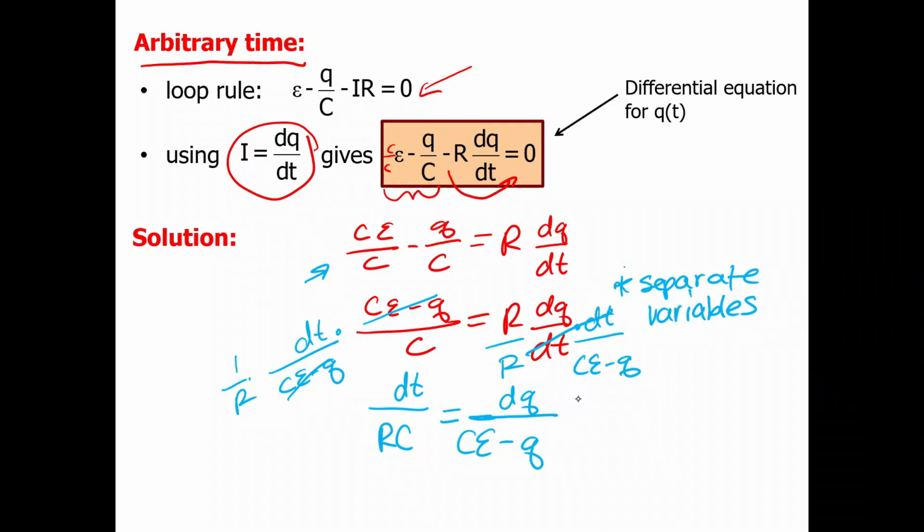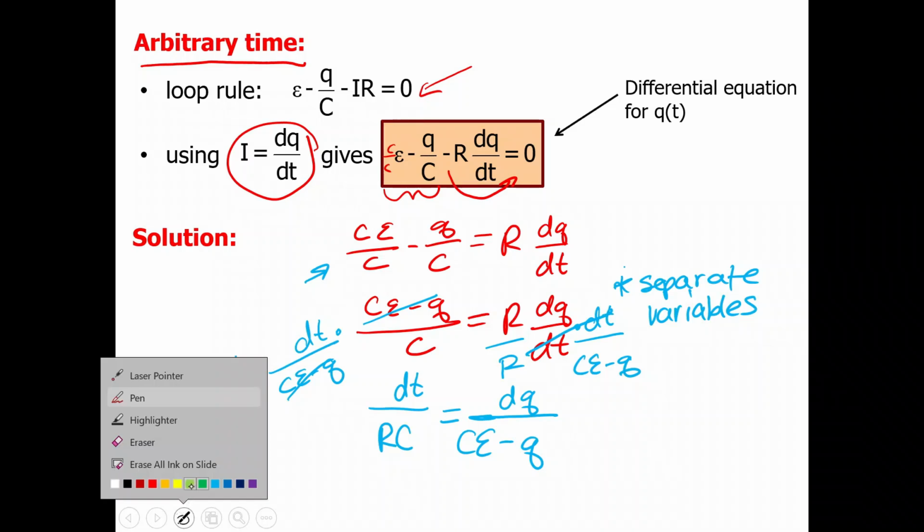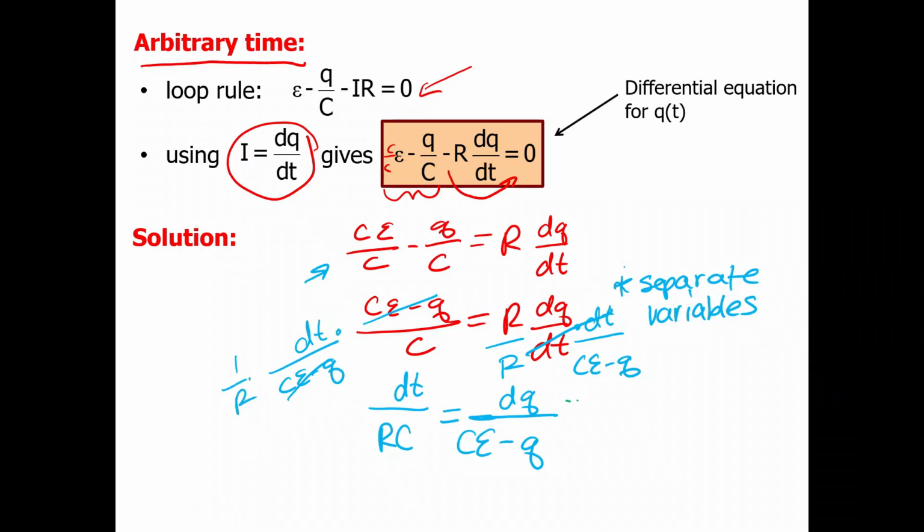So what I'm going to do is get rid of that negative in the denominator in front of my q by multiplying top and bottom by -1. So distributing that -1 is going to give me a negative CE and a positive Q. So I'm going to rewrite that denominator as Q minus CE. And then on top, I'm also going to have a negative for that DQ, but I'm actually going to multiply that negative over to the other side. So I'm going to get negative DT over RC.